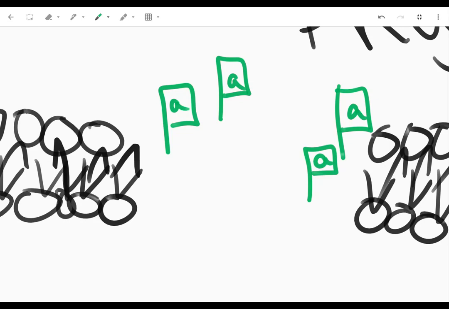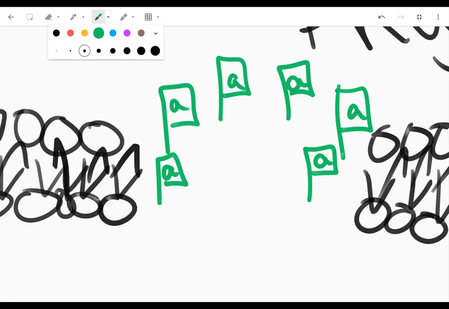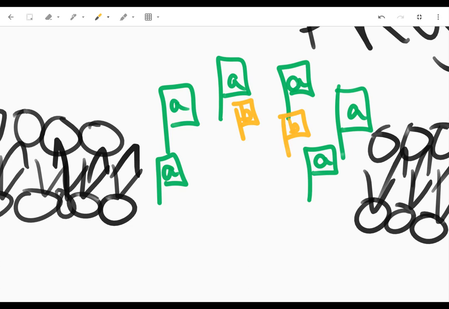Again, the most numerous kind of pigment embedded in that membrane. And we're going to have some chlorophyll B's, the second most common pigment. And we'll have some accessory pigments.